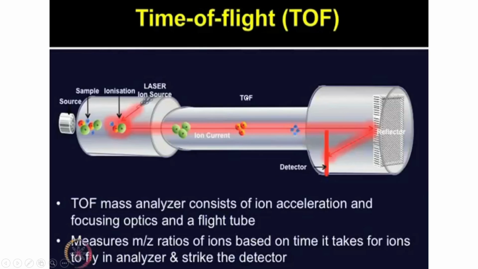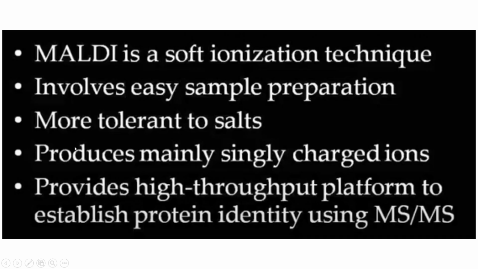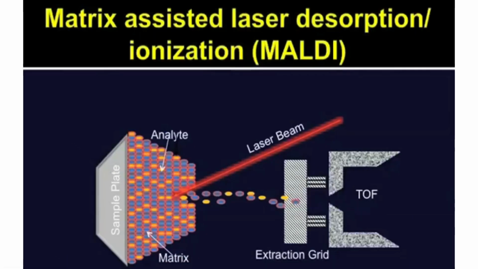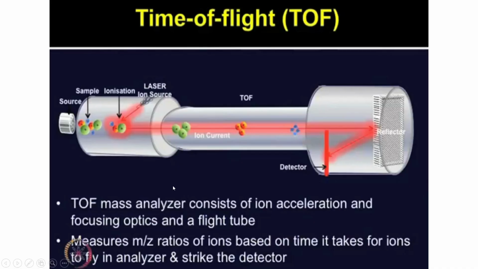So that was the ionization source. Here there will be a sample, and the plate will be going here where your samples are, along with the matrix.